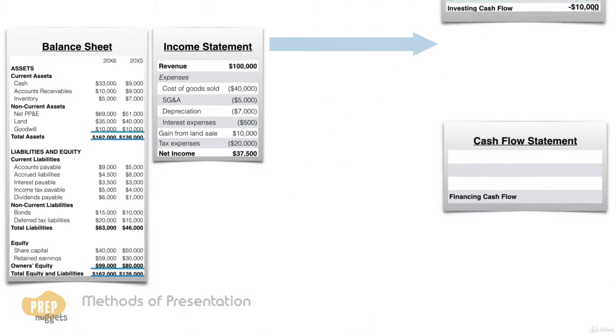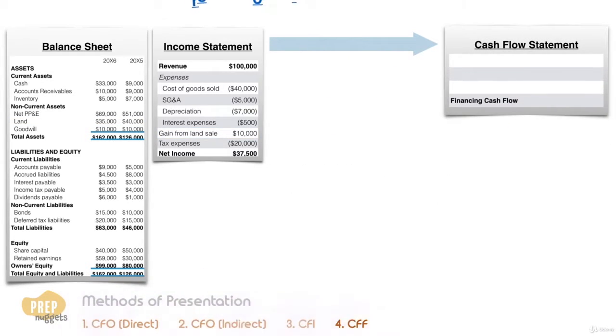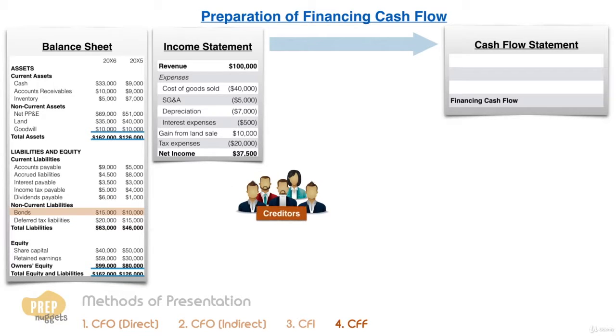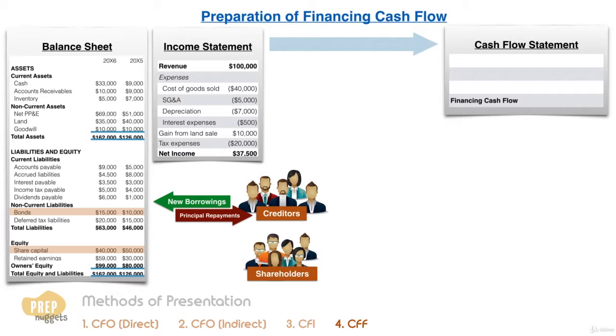Moving on to CFF. Financing cash flows are determined by measuring the cash flows occurring between the firm and its suppliers of capital. There are two main groups: the creditors who hold bonds issued by the firm and the shareholders who hold the common and preferred shares. Cash flows between the firm and its creditors result from new borrowings and debt principal repayments.